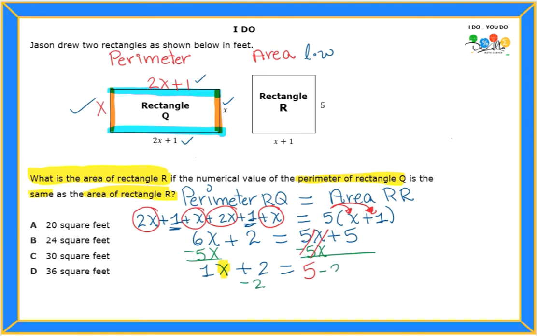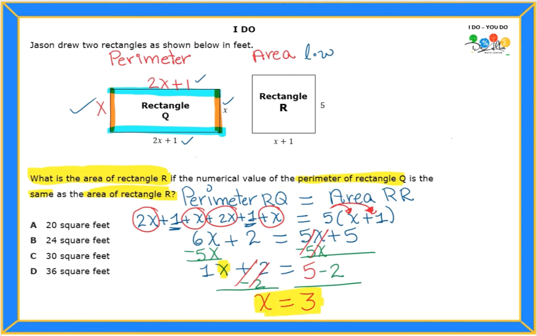So I'm going to write it down right next to the 5. It doesn't matter where you write it. I put the line just for you to know that's where I'm ending that step. So my 2's are going to cancel, and remember that 1x is the same as x by itself. And 5 minus 2 is 3. So this is just the value for x.